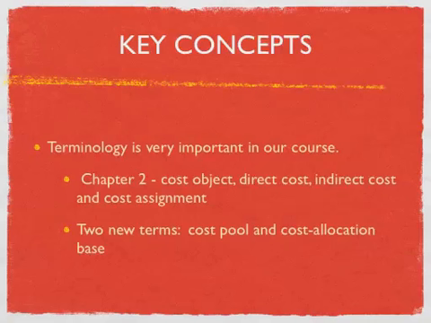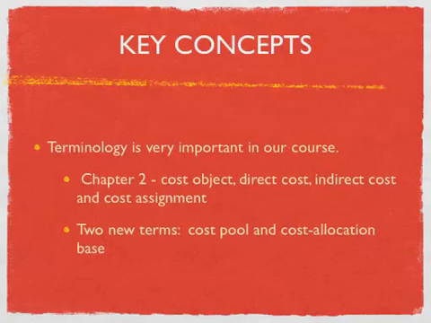Direct cost, we said, was related to the cost object and can be traced to the cost object in an economically feasible way. So we really need to make sure that it's worth tracing.